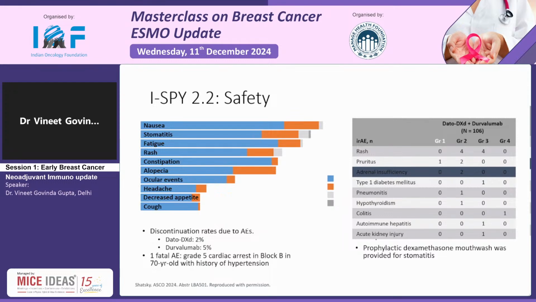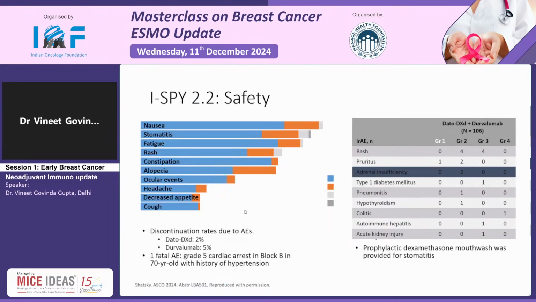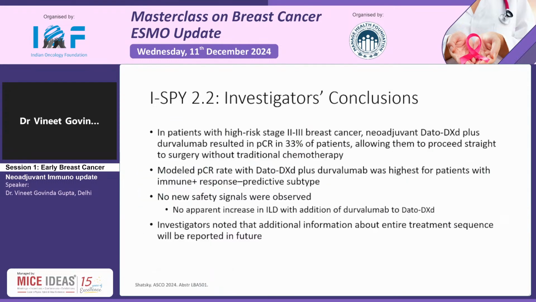So not very toxic. For stomatitis, dato-DXd needs prophylactic dexamethasone, which is used in all the studies of dato-DXd. There is one fatal AE, a grade 5 cardiac arrest in block B, the second block. It is actually not in the dato-DXd block, so probably not attributable to dato-DXd and durvalumab.